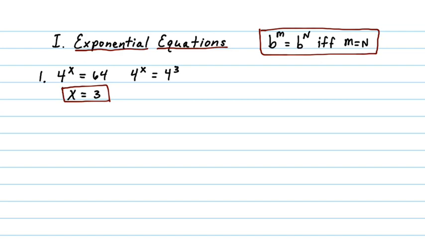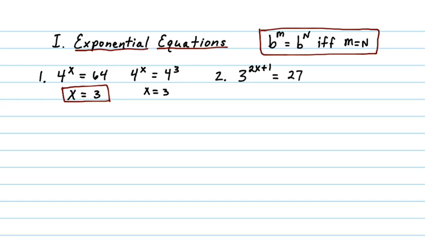And so the only way this could be equal, since the bases are equal, the exponents must be equal. So x would equal 3. Now in this problem we really didn't need to do that because we could do that problem in our head. But as we go further along, you'll see how we can use this and it'll be helpful.